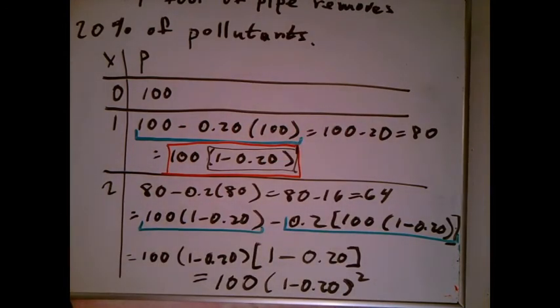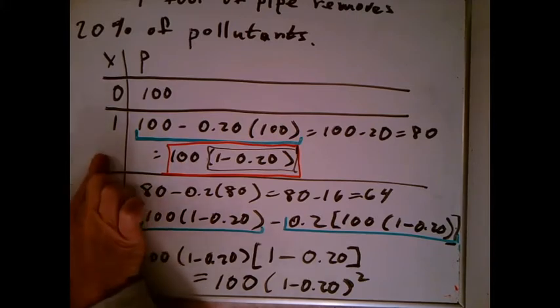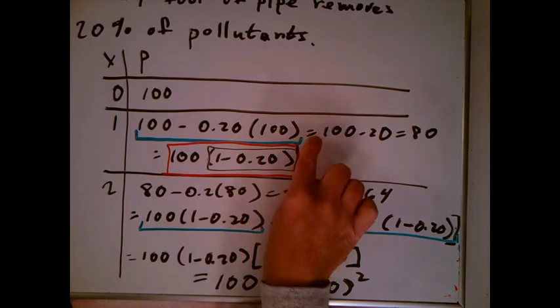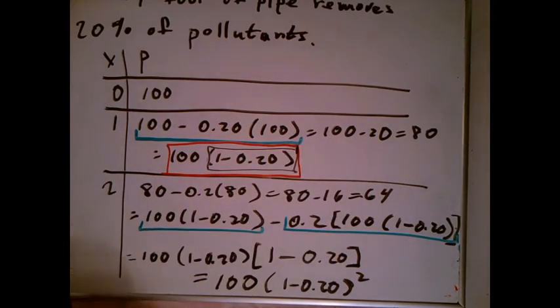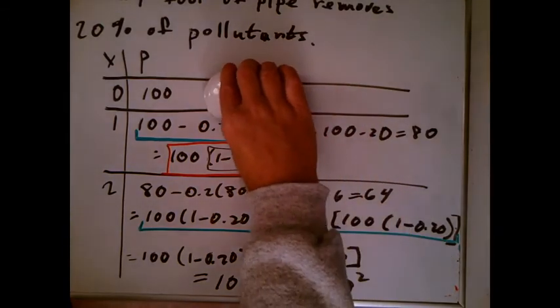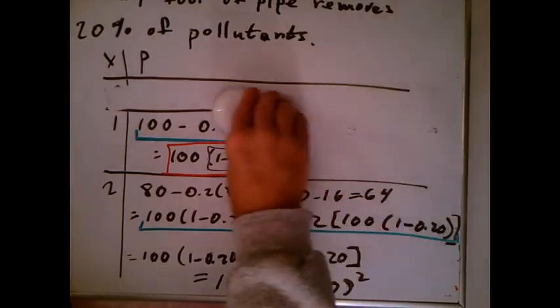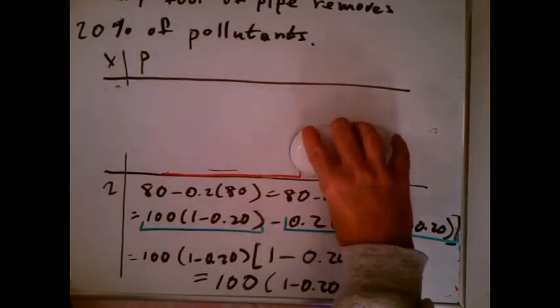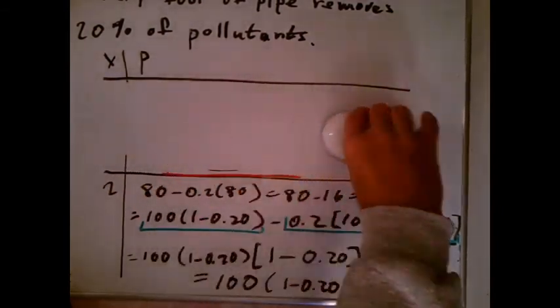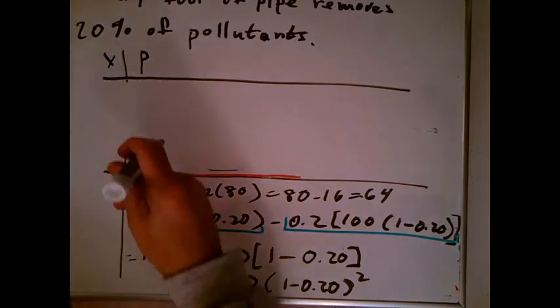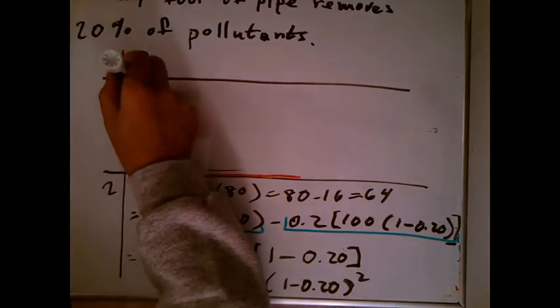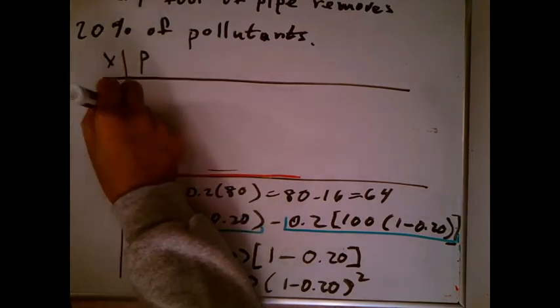So what I actually see here is a pattern. I see that when x is 1, I get 100 times 1 minus 0.2 to the 1st up there. When x is 2, I'm going to get 100 times 1 minus 0.20 to the 2nd. Let's go back up here and fill in what would happen if we had 3.